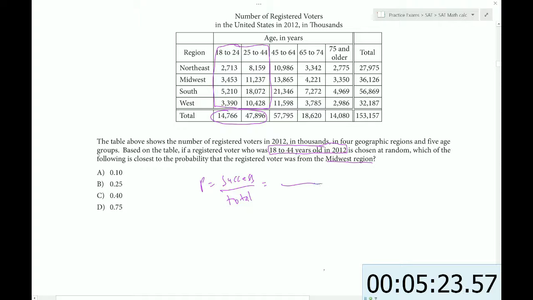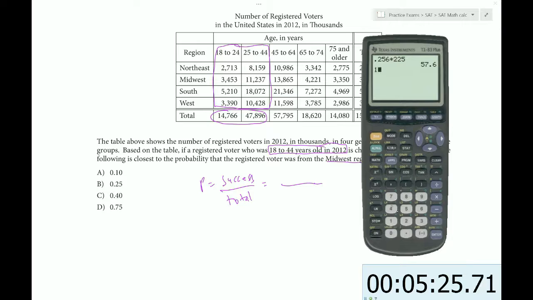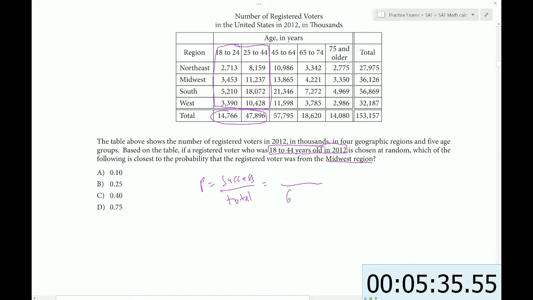Okay, so let's use our calculator. 14,766 plus 47,896, and that's going to give 62,662. And the success column is we want voters from the Midwest region. So we want to add these two numbers together.